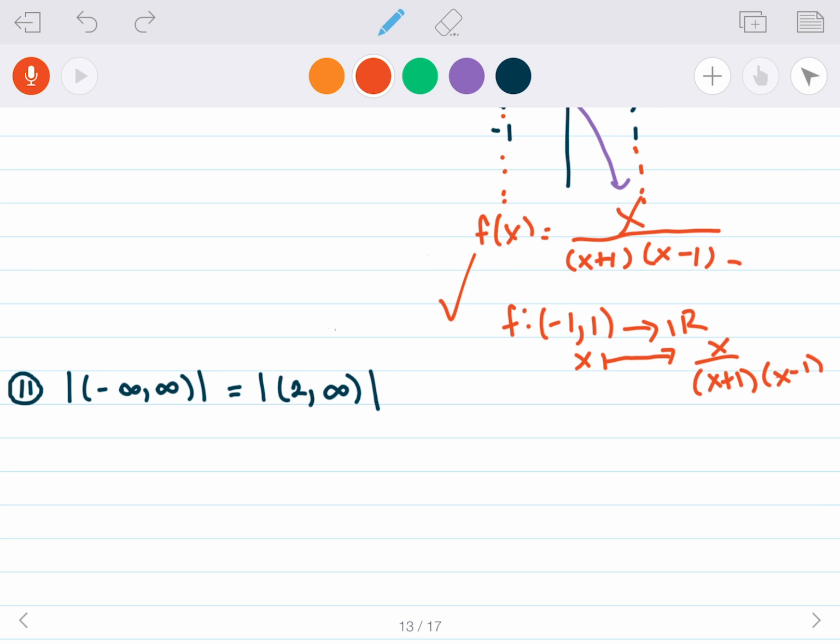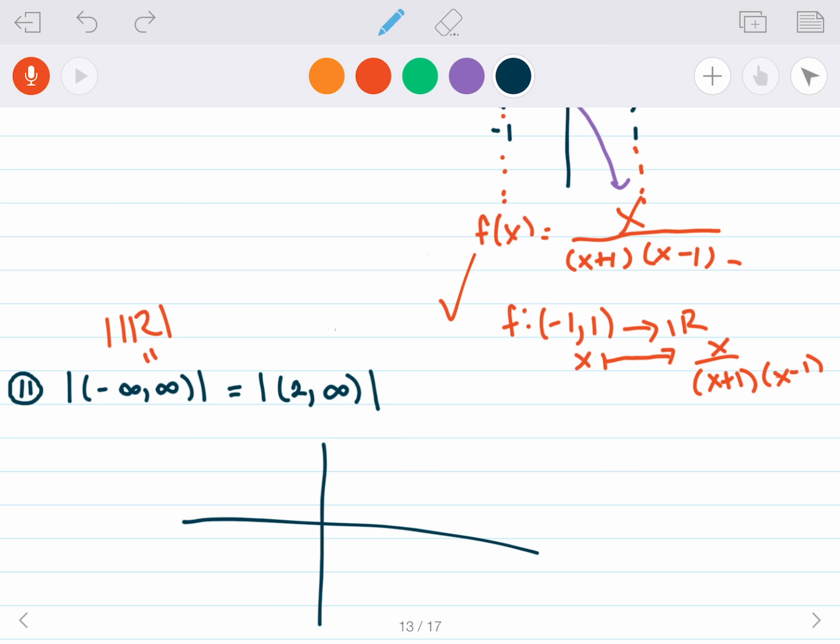Okay, so here we have the cardinality of -infinity to infinity, which is the same thing as the cardinality of R, right? And we want to show that it's the same cardinality as 2 to infinity. Okay, so I'm thinking about logarithms because I know that logarithms can have a restricted domain depending on where it is, whether it's shifted or what.